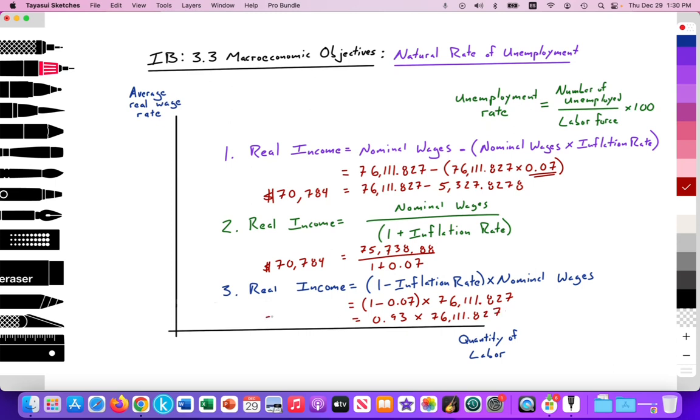That's going to work out to 70,783.9 repeating. If I added the 0.1, that would work out to 784. So let's go ahead and do that. And that, again, gives us the real income of $70,784 on average for U.S. households in the year 2021. So we saw three ways of calculating this. And that's it for this video.